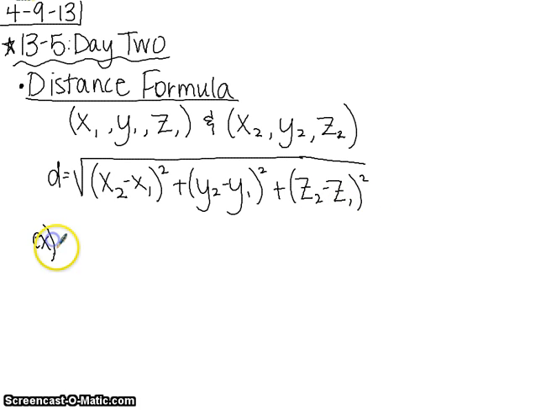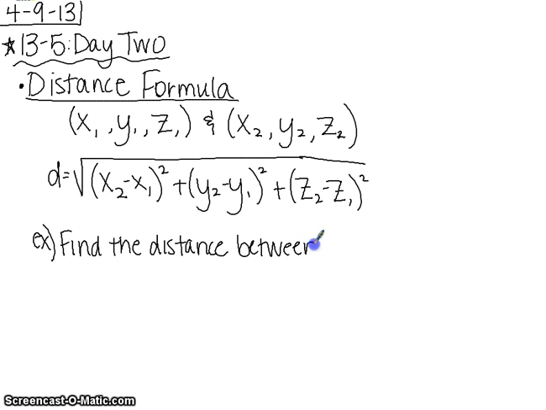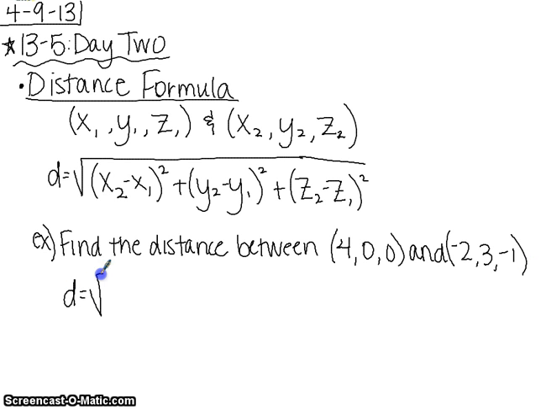So for example, if we want to find the distance between the point 4, 0, 0 and -2, 3, -1, we can just plug that into our distance formula with three dimensions or three sets of coordinates.